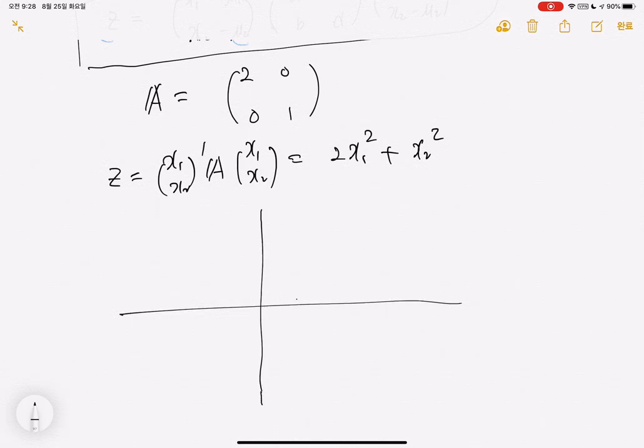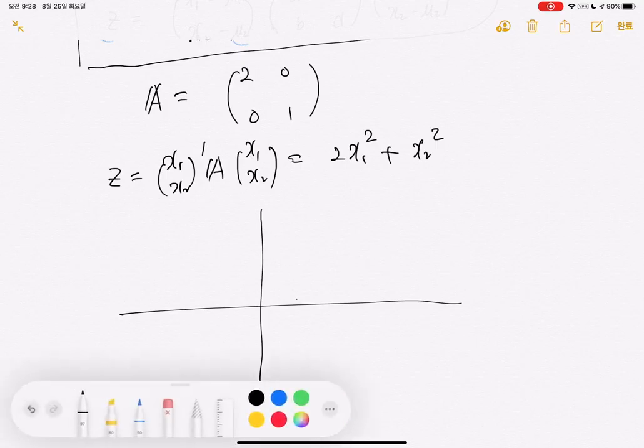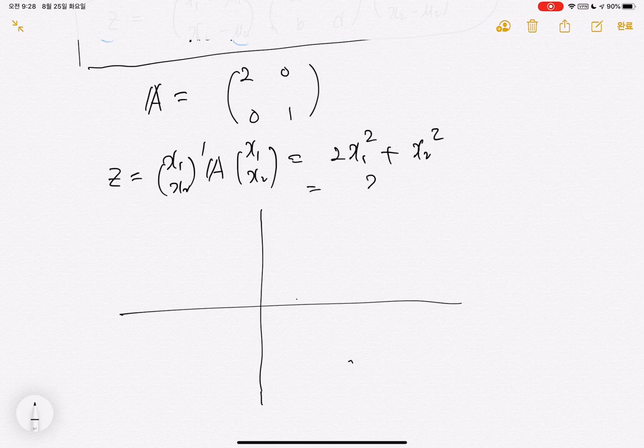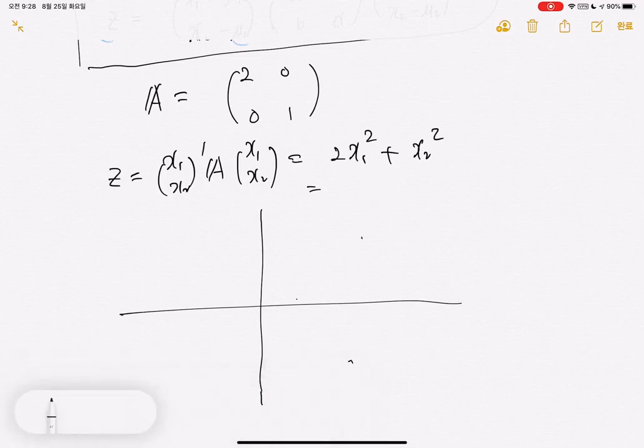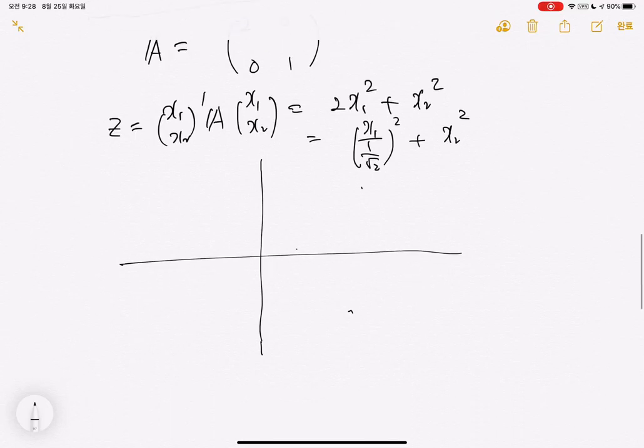If you recall, this is (x1 over square root of 1/2) squared plus x2 squared, and bring the z to the other side.